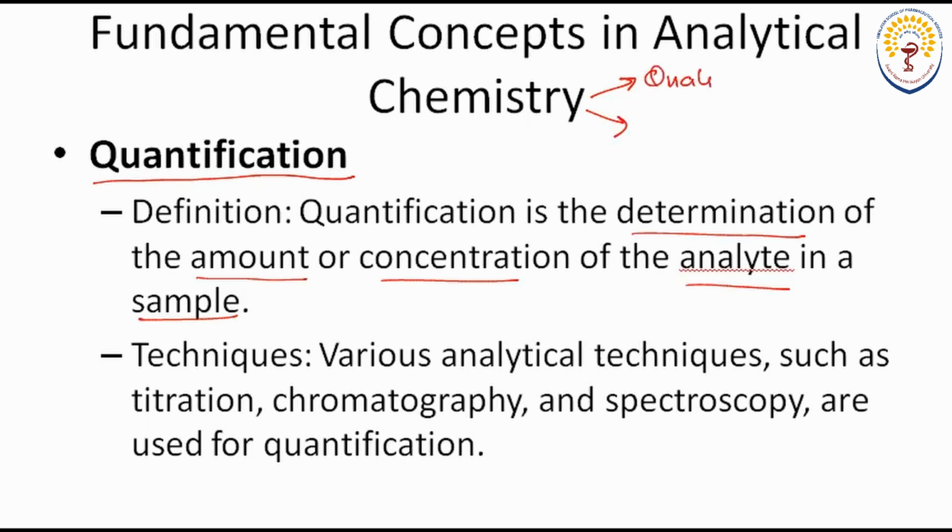One is qualitative analysis and the other is quantitative analysis. Qualitative analysis checks whether something is present or absent in the sample. But quantitative analysis checks, if something is present, then what is the amount of that thing in the sample. That is the quantitative analysis.